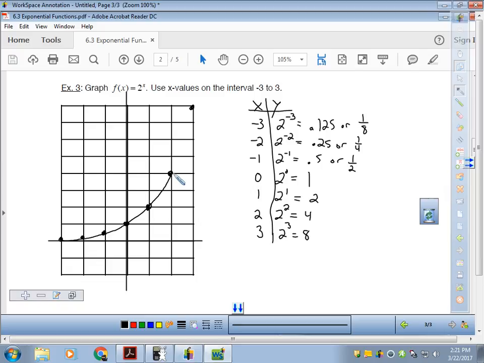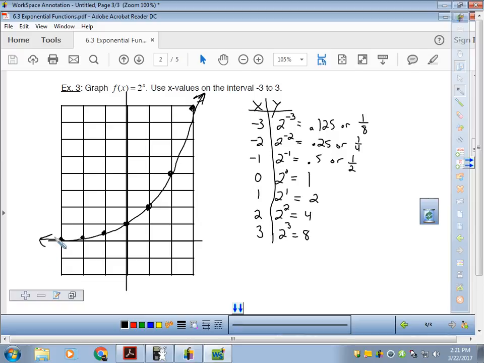So we'll just kind of connect those together. And do make sure you put arrows on the ends so you know it keeps going in both directions. Everybody okay there?